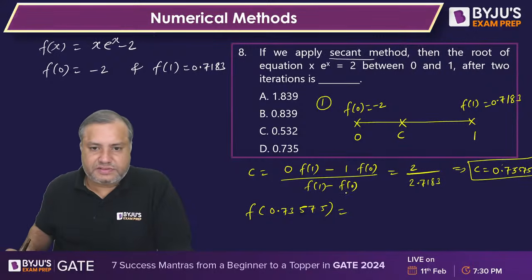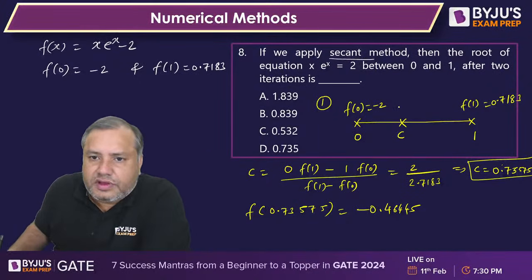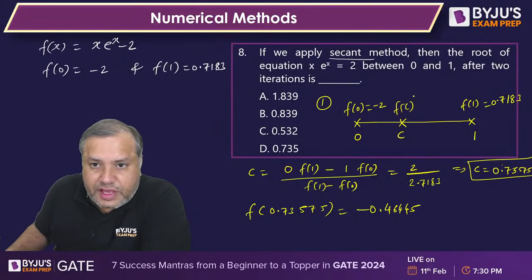This is minus 0.4644. Okay, now see here. F of C is also obtained.